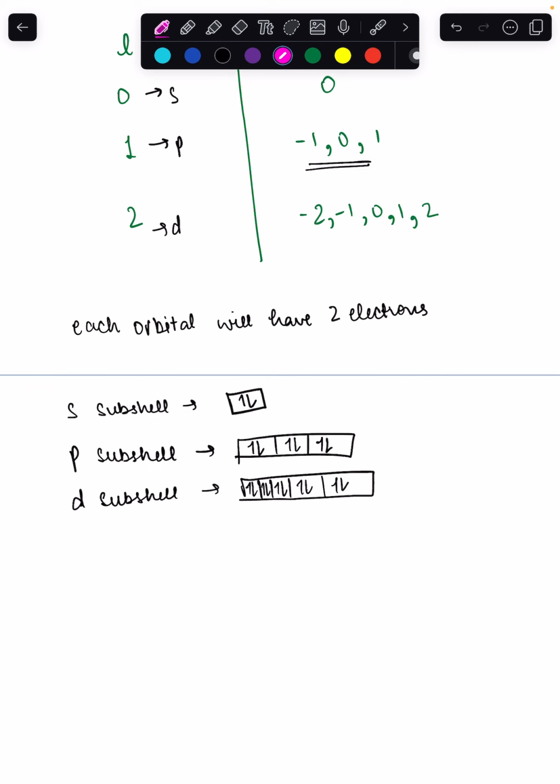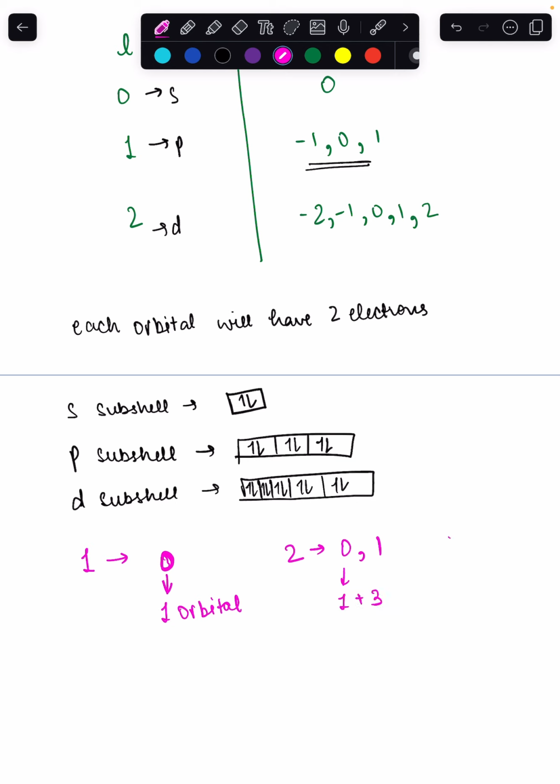For example, for the first orbit, you will have only the 0 subshell, which means only 1 orbital. For the second orbit, we will have 0 and 1, 2 subshells, which will give you 1 plus 3.